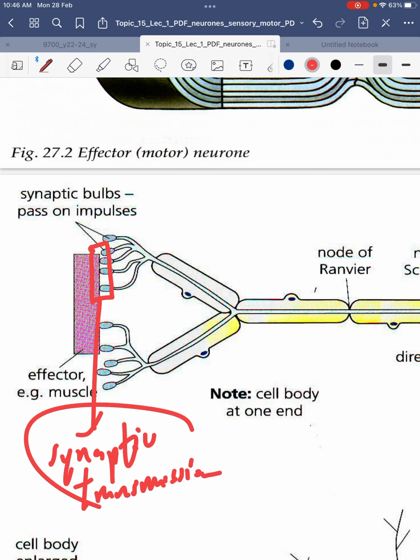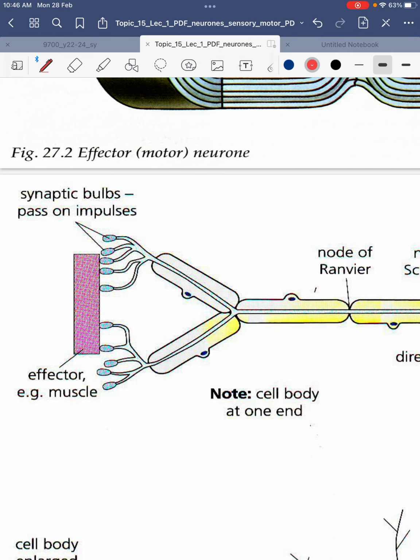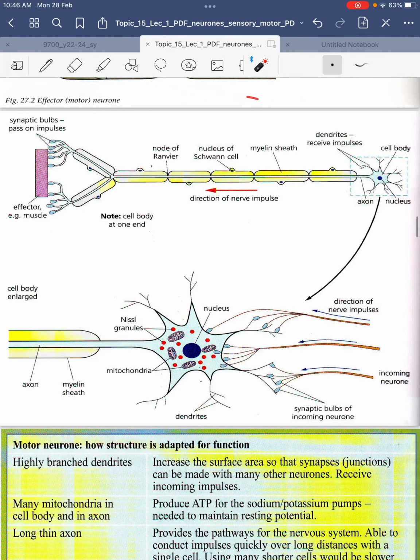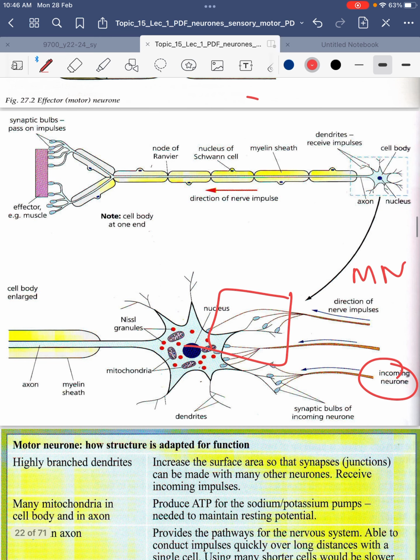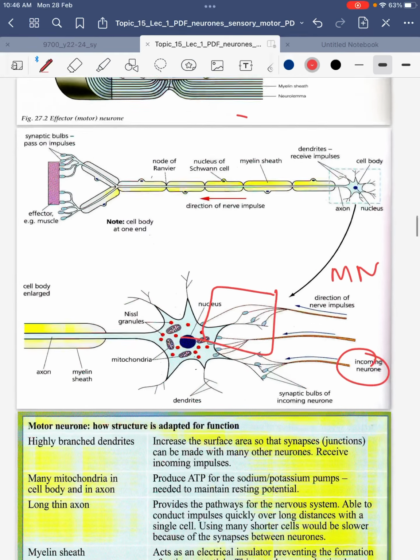What is the communication between neurons and neurons? What's the communication between the end of this neuron with a muscle? Or it can also be between neurons. So here you can see, this is from the incoming neurons, which is also a motor neuron.